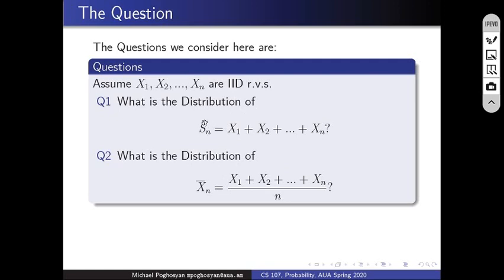I am denoting by Sn the sum of these random variables in this lecture, and by Xn bar I will denote the average of the first n terms. Say I'm tossing a coin n times. Xk is the result of that coin toss, either 0 or 1.